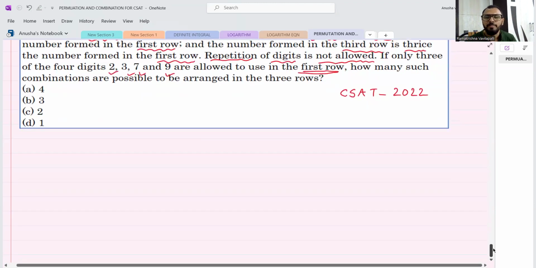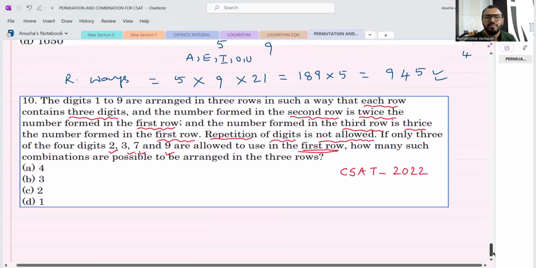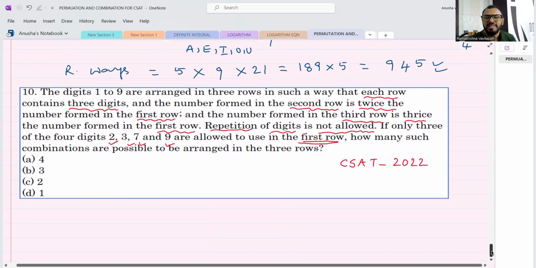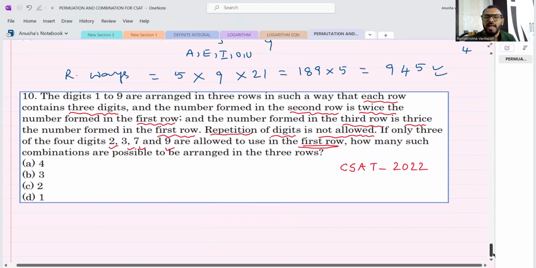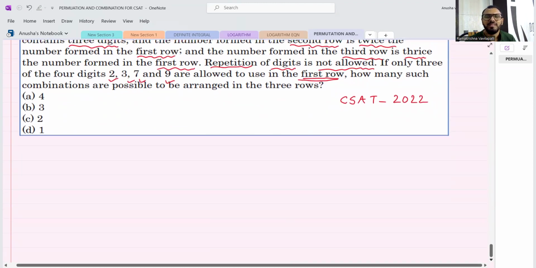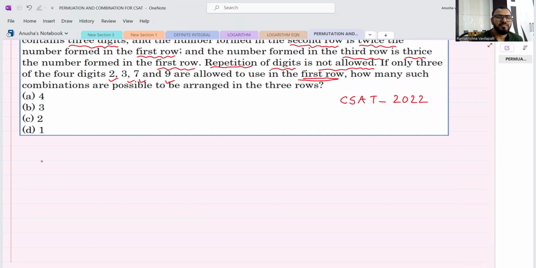So what is the number of such combinations? Well, the second row must be double of the first row, and the third row must be triple of the first row. Let us see that. I will write it case by case.